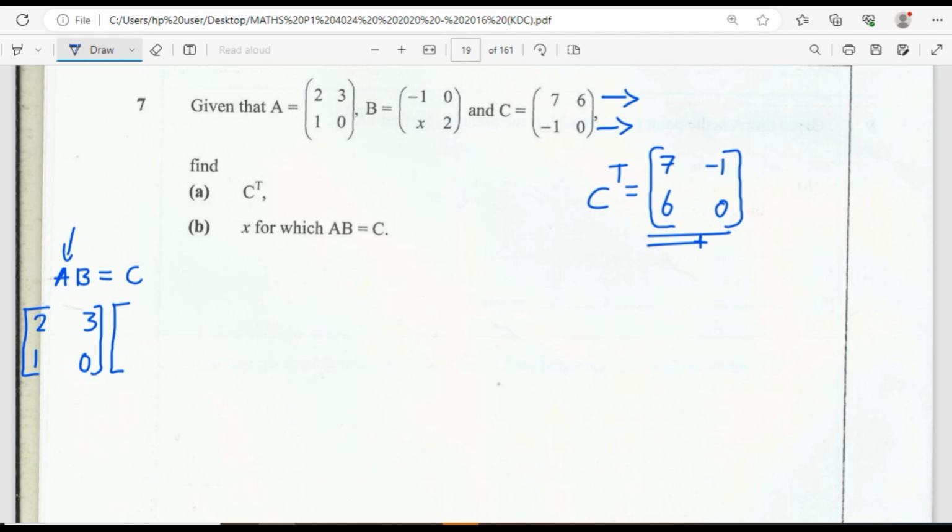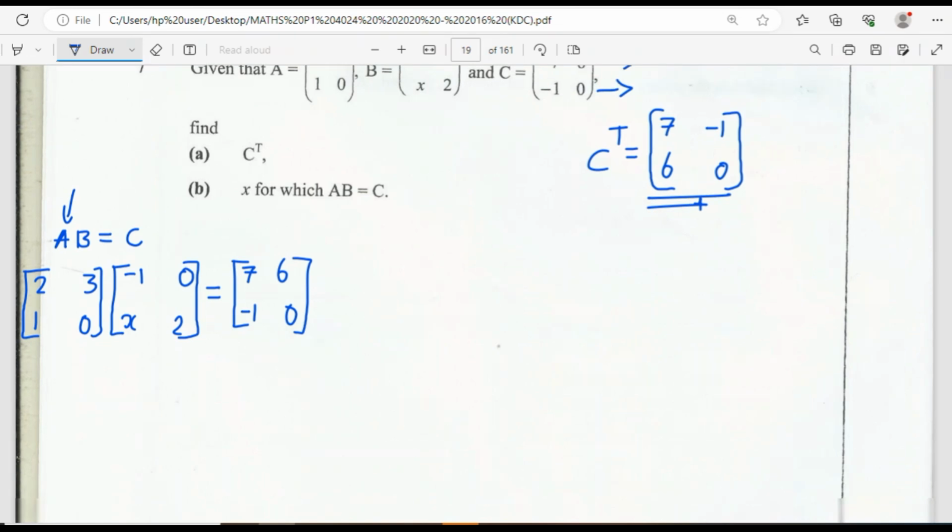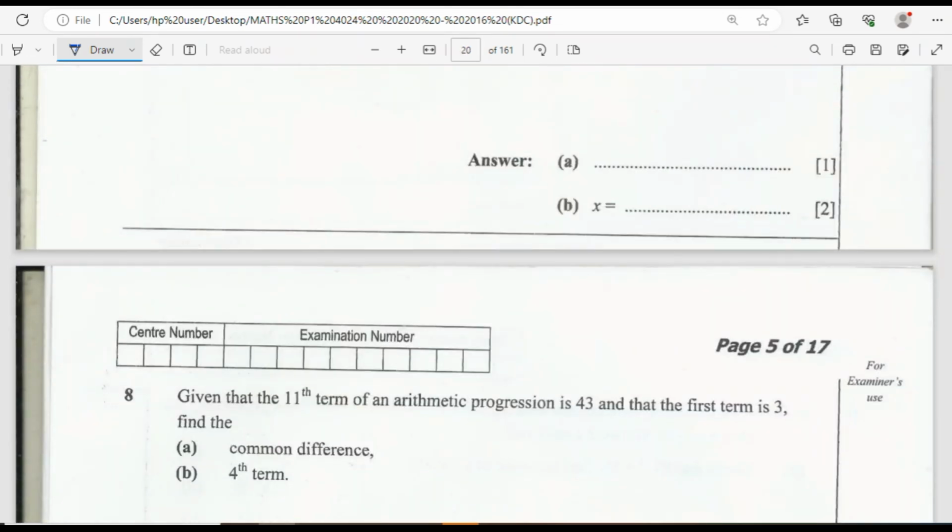So A will be multiplied by B. In B we have negative 1, 0, x, 2. Then we are told the product of these two matrices must be equal to the matrix for C, which is 7, 6, negative 1, 0. So this is what we are now going to use to find the answers.